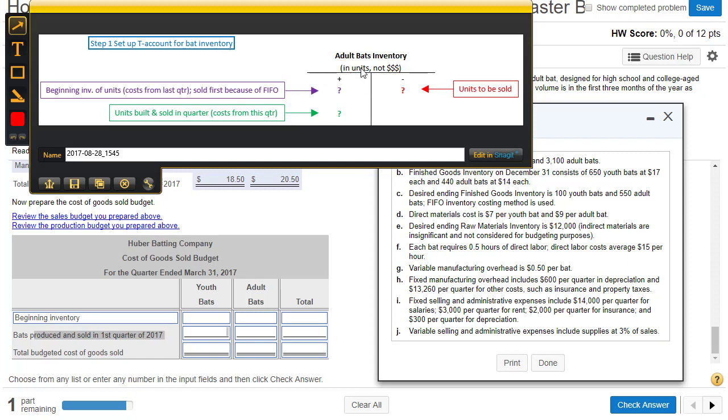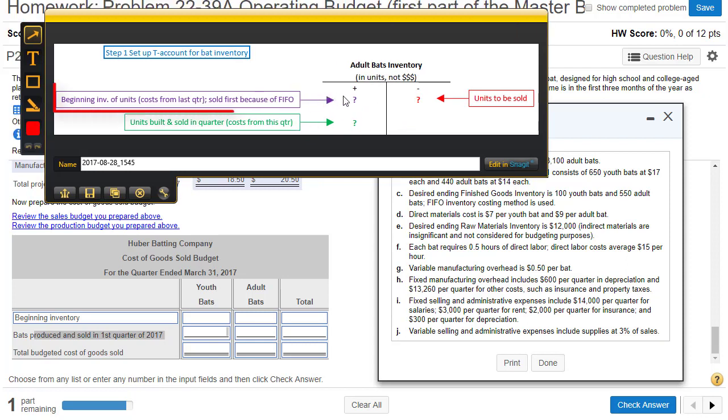But first of all, we have to figure out how many units are in the beginning inventory, how many units are sold, and therefore how many must we have built and then sold this quarter. So that's step one. I recommend on a piece of scratch paper, you set up this T account. Where do we get the beginning inventory of units? In other words, quantity.